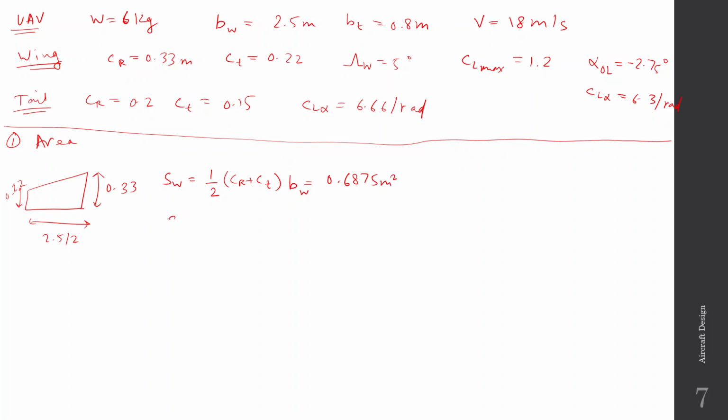And for the tail, similarly, CR plus CT times b tail, this comes out to 0.14 meters square.